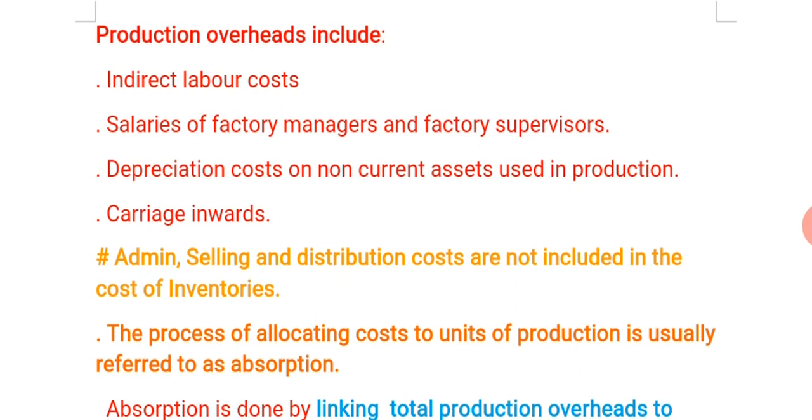These are not compulsory for acquiring the inventory. Admin cost is not compulsory to acquire. Selling is compulsory to sell but not to acquire the inventory itself. So it is not part of the cost of the inventory.